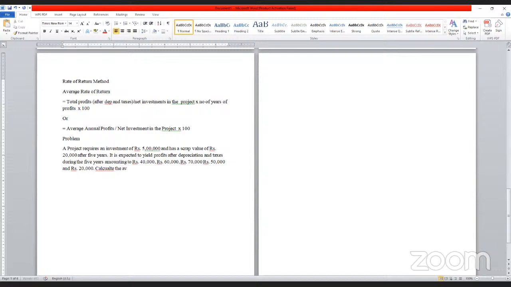Calculate the average rate of return on the investment.